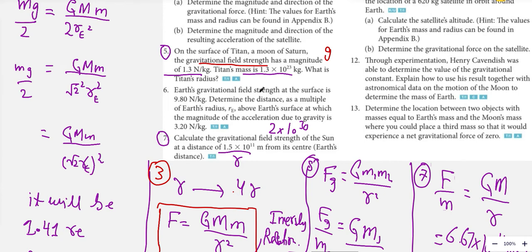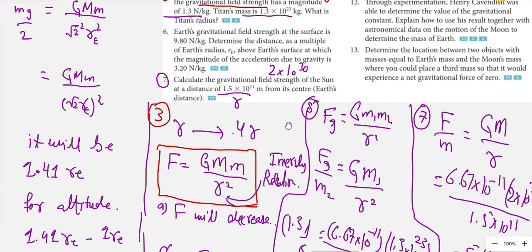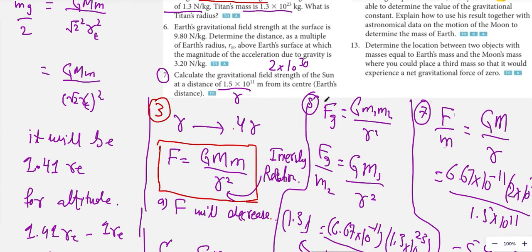So we have the distance from the center of Titan to the surface of Titan, which is, no, we do not have the distance. They want us to find the distance or the radius of Titan. The mass is given. So what we have to do is simply apply the universal gravitational law, which is Fg is equal to G m1 m2 over r square.